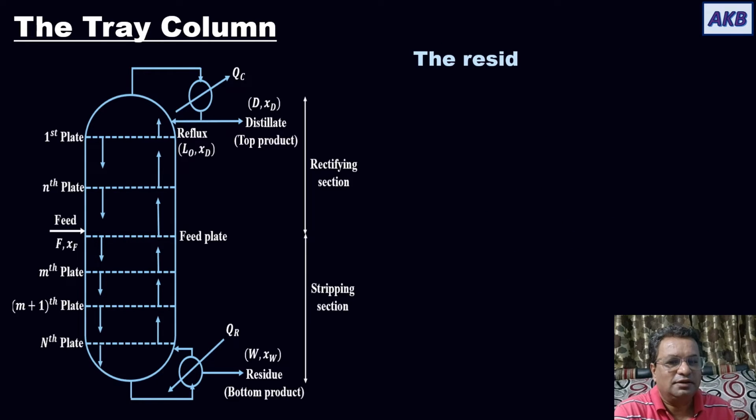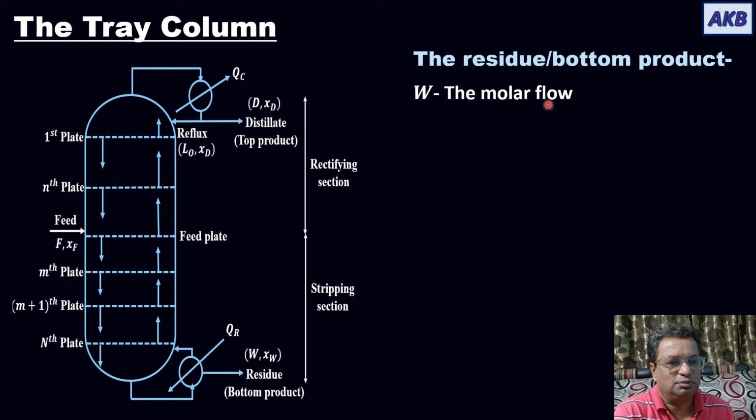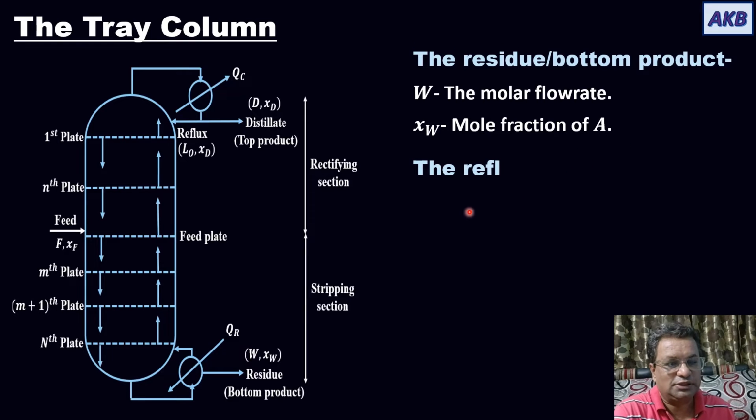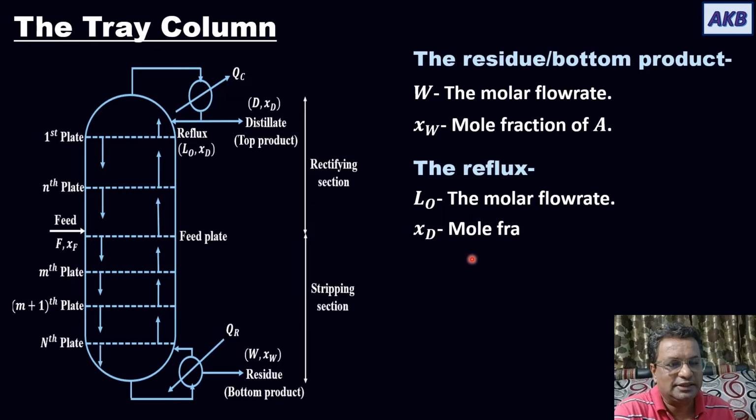Okay. Then for the bottom product or the residue, you have W, which is the molar flow rate, that is moles per unit time, and XW is the mole fraction of A, that is the mole fraction of the more volatile component in the bottom product. Then the reflux that is going back to the column, L0 is its molar flow rate, and XD is the mole fraction of A in the reflux.